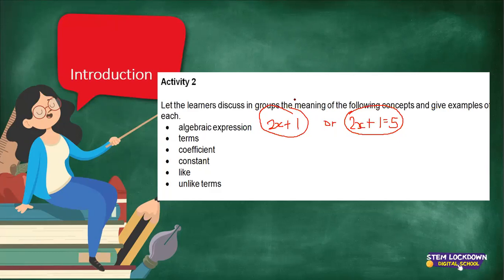I was saying the first one, so this is correct. This is an expression. This is called an equation, right? Because there's an equal sign. This is called an equation because we're equating two things.